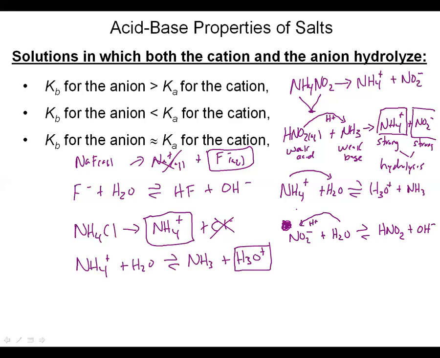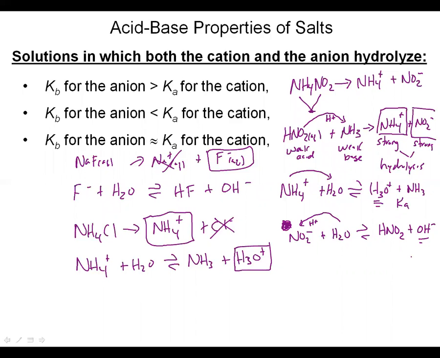And this is where you can use the Ka value and the Kb value to compare. Whichever one is larger would technically be the reaction that would occur. As we talked about before, since this is producing H3O plus, we would use a Ka value here, right?